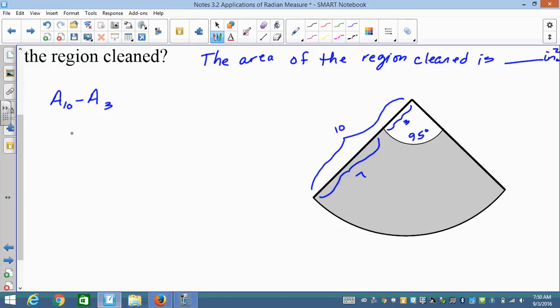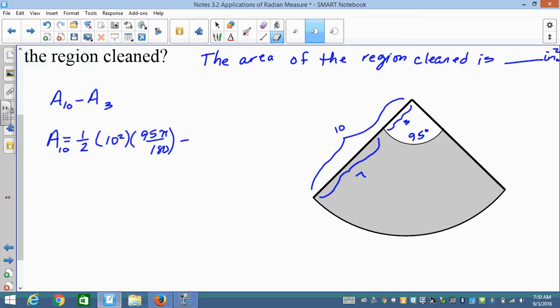So if we go through this one here, for the 10, area equals 1/2 10 squared times 95 pi over 180 minus, okay, minus area of the 10.